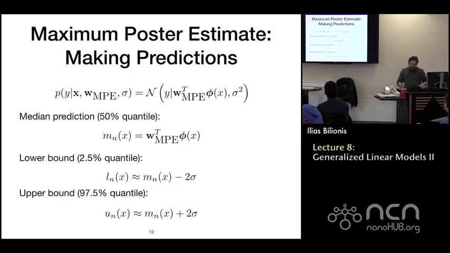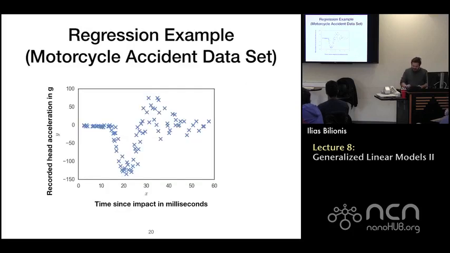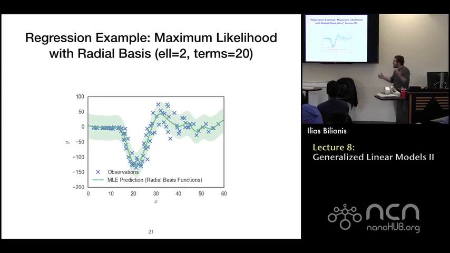Anyway, you can extract lower and upper bounds from the maximum posteriori estimate of the parameters. And in any case, that's how it would look like. And it will be a little bit more regularized than before.